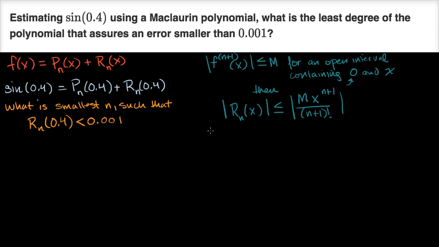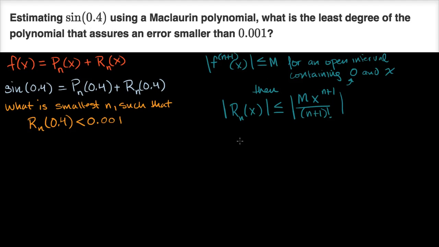So how do we apply that to this particular problem? Well, think about the derivatives of sine. We know that the absolute value of sine is less than or equal to 1. Its derivative is cosine of x, and the absolute value of that is also less than or equal to 1. So no matter how many times we take the derivative of sine of x, the absolute value of that derivative is going to be less than or equal to 1.